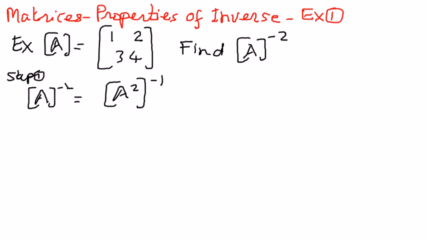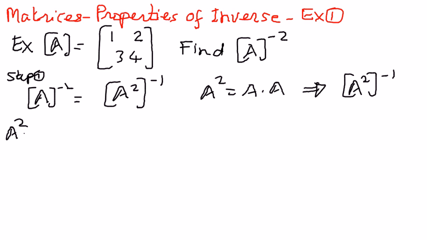So we can find A to the power of 2 as A times A. Since A is a matrix given to us, we can find the product of that, and then once we find the product, we can go back and find the inverse from there. Once we have that matrix, we'll find the inverse of that using Gauss-Jordan elimination method. Okay, so let's try that.